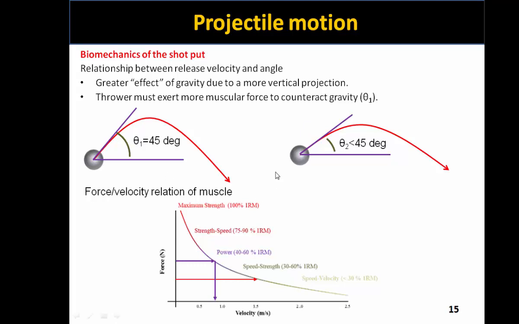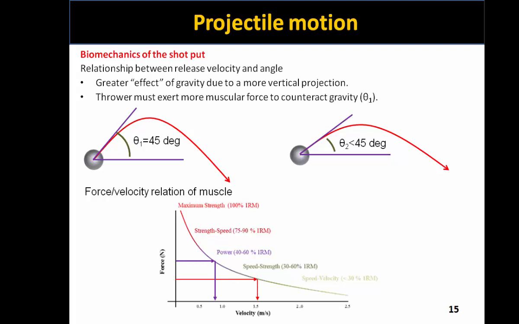And keep in mind, this is related to the fact that the landing position is going to be lower than the release position. And so we see here that the velocity will be greater if the need to produce force is going to be less.